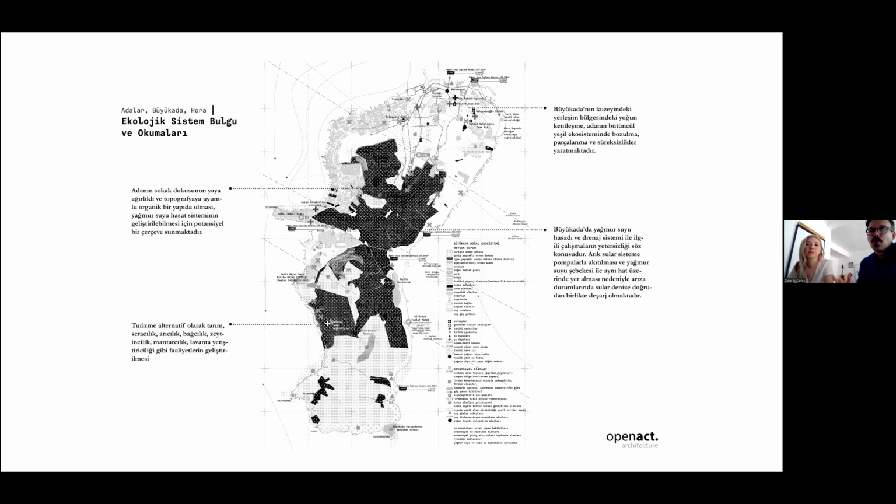I mean, we looked at absolutely all the ranges of information that we were able to access. And we tried to gather our findings onto two maps in this case. One is showing the soft systems, and the other one is showing the hard systems of the island.